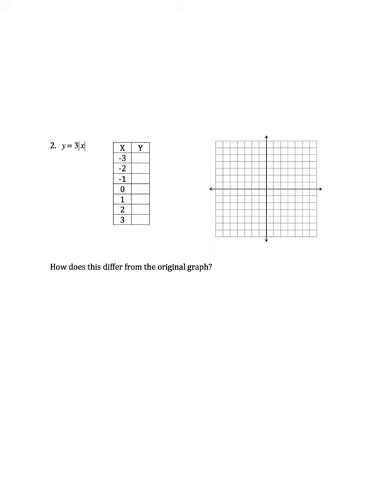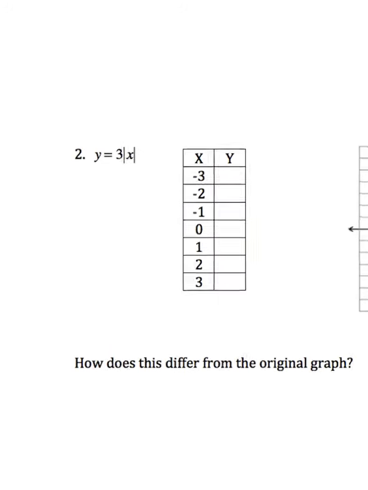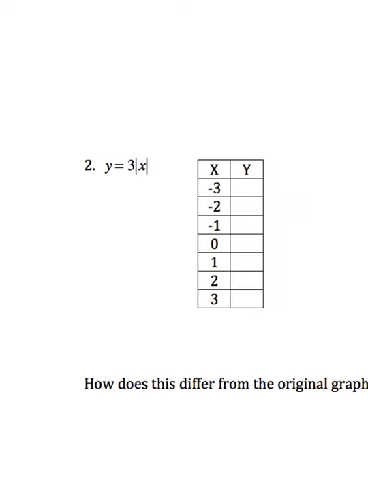All right, what if we plop a 3 out in front? Instead of a negative, what if we put a number out there? Then what's going to happen? Well, it's going to be pretty similar to what we saw earlier. So this is going to be 3 times the absolute value of negative 3, which is 3 times 3, which is 9. So then what if we put negative 2 in?